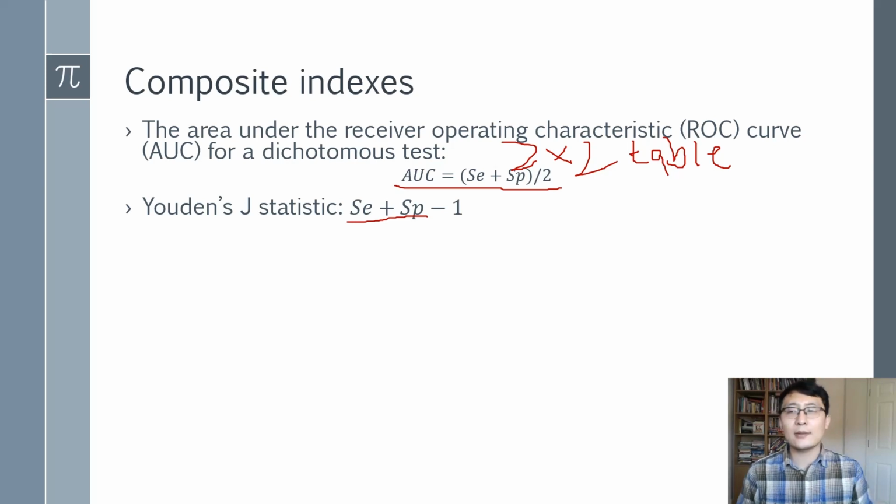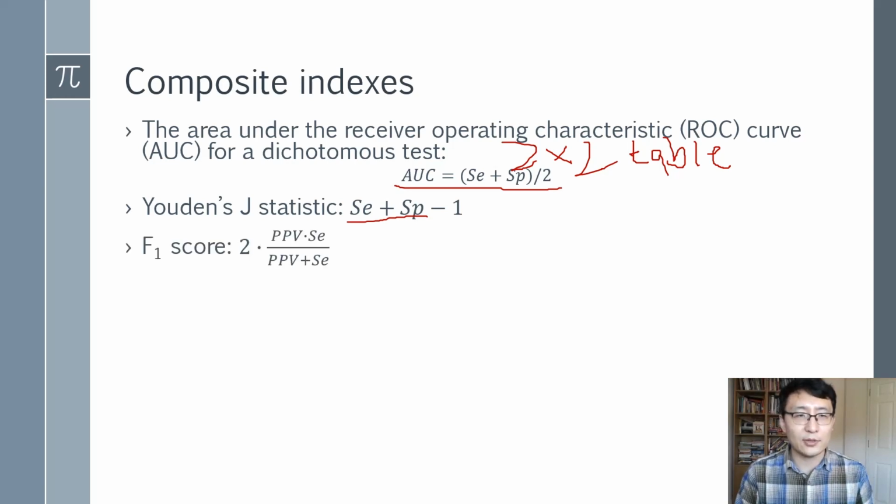So if you have a number of candidate classifiers, for example, antibody tests from different companies, and you want to rank which product is better and which is worse, if you use AUC or Youden's J statistic, you get the same ranking, because essentially it is using sensitivity plus specificity as the ranking criterion.